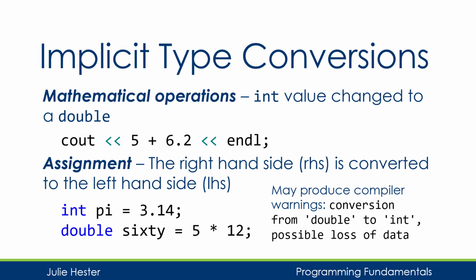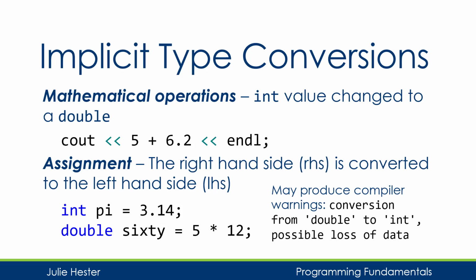But this one is going to be less problematic than the first case where we're demoting the double to an integer. So those are the two types of implicit type conversions where we're either changing a data type in order to perform an operation, or we're changing a data type because we're assigning it to a variable with a different data type.